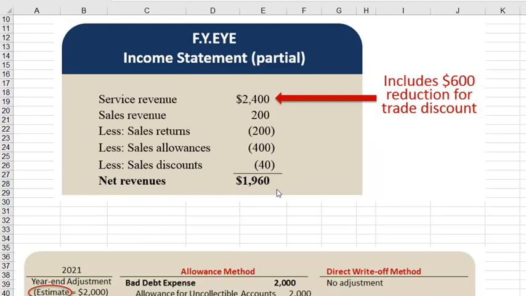So please take a look at the book for details on these. The important thing to remember here is that it shows our financial statement users more relevant and better information, and it shows them this was our service revenue, but here's how many returns, allowances, and discounts that we had to get to our net revenue.